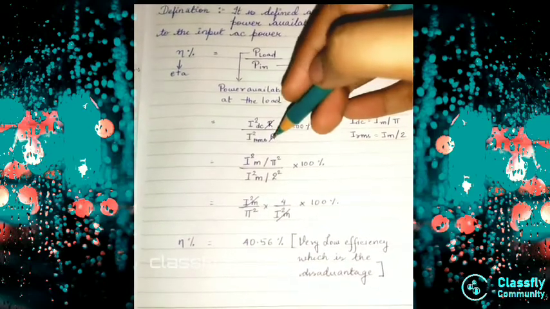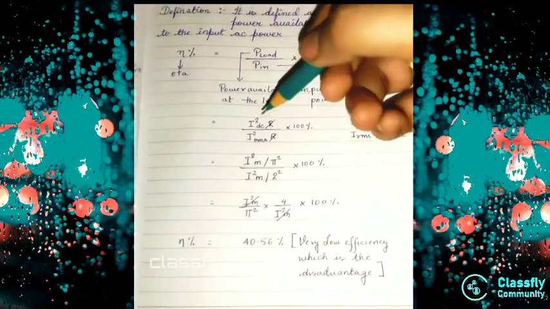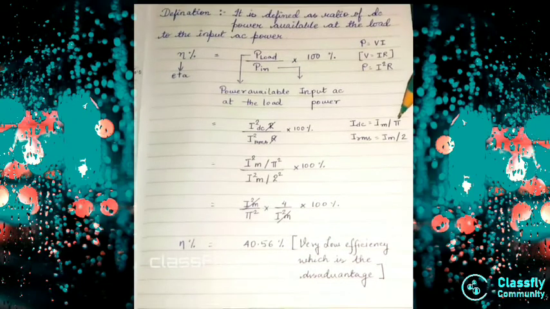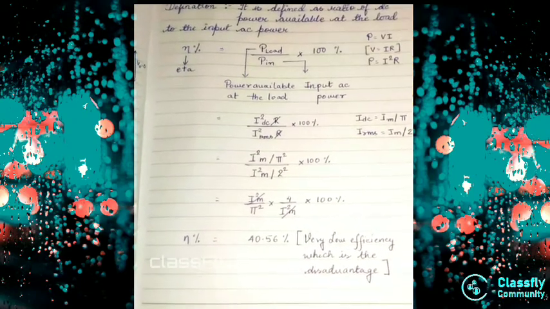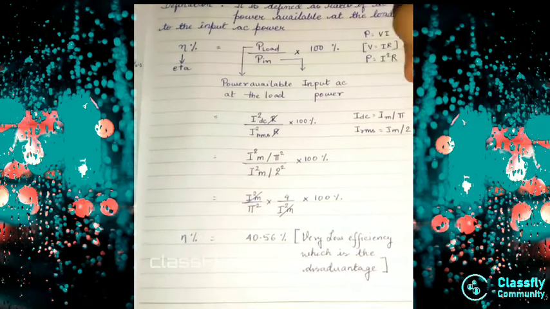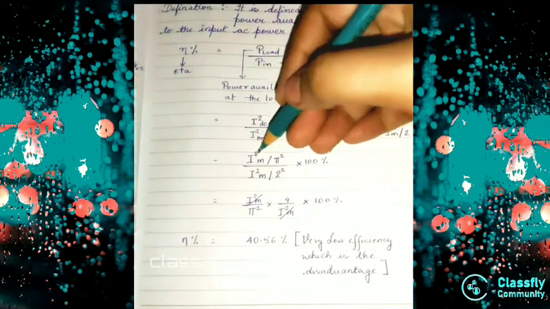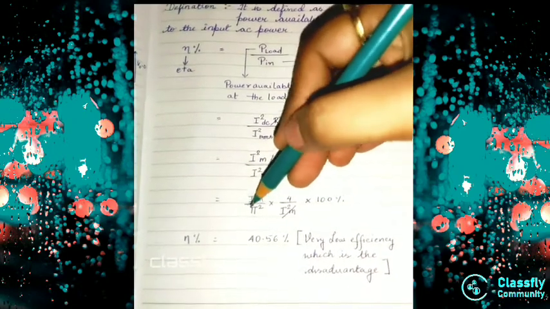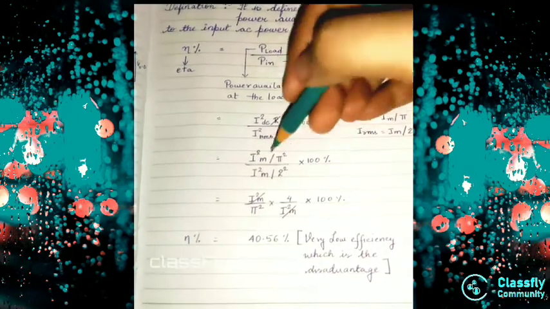As R is the same in both, we cancel it. Now we know that I DC is equal to Im by pi, as we have done in the previous parts of the half wave rectifier, and I RMS is equal to Im by 2. Substituting, I square DC is I square m by pi square, and I square RMS is I square m by 4, so the reciprocal goes up.